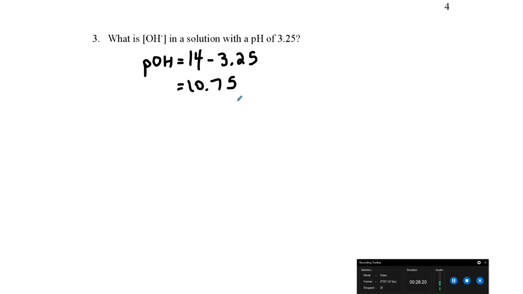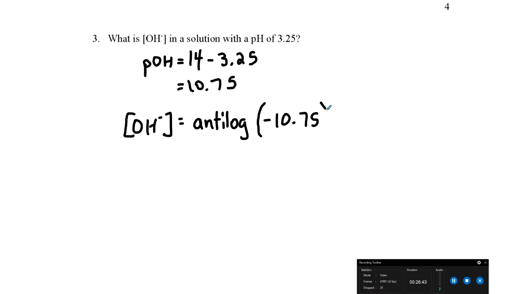So if we know the pOH value, we can then do this. The hydroxide ion concentration is equal to the anti-log, and you put in the pOH value, but it's the negative pOH value, right?